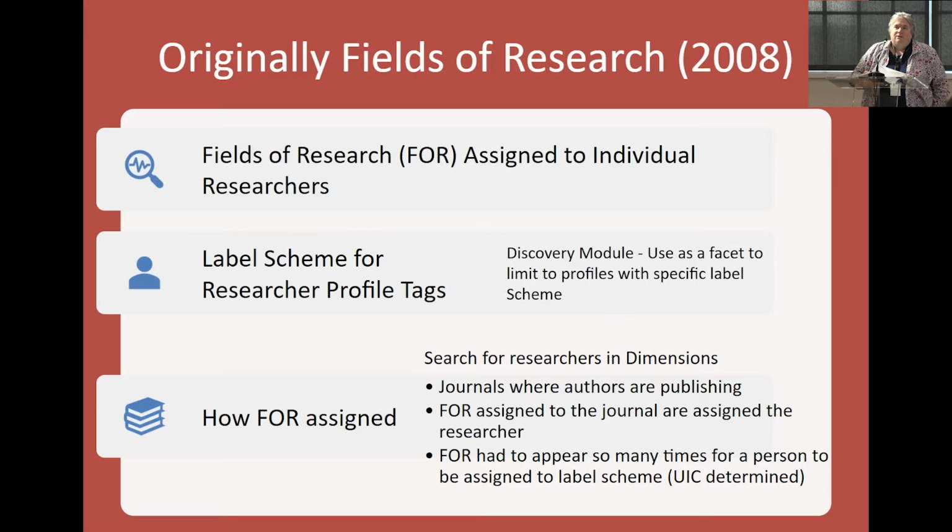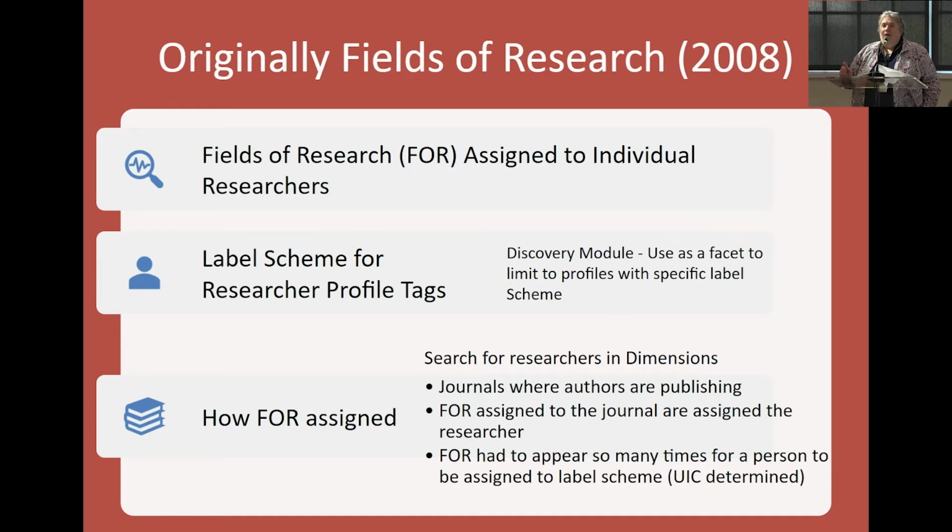those specific label schemes. For anyone that's not aware of how the FORs are assigned, and I think I'm correct about this, Elements will do a search in Dimensions and pull out the authors at your institution. And then the journals where the authors are publishing are assigned FOR codes.